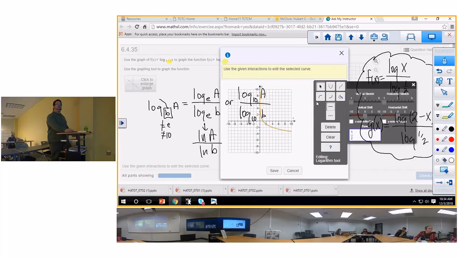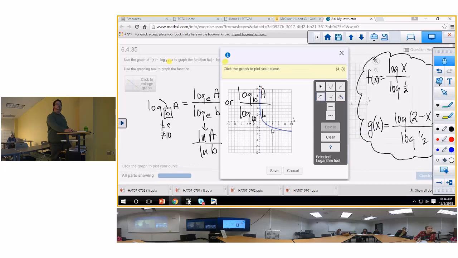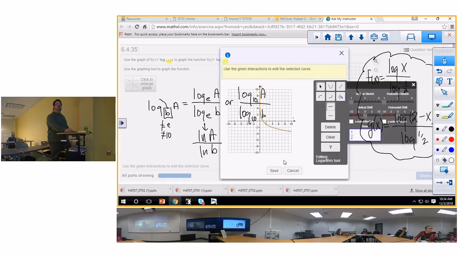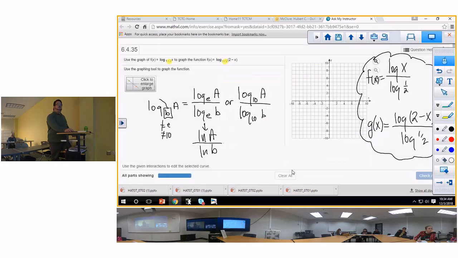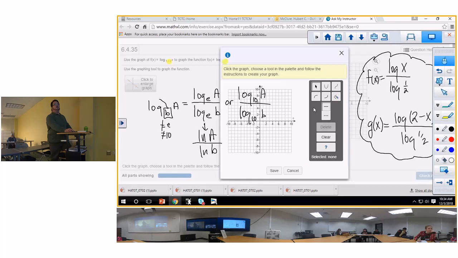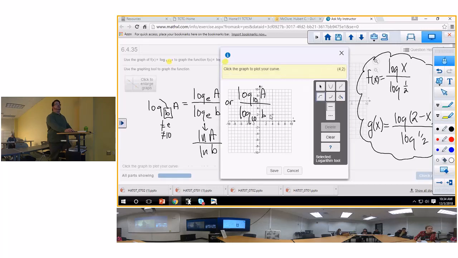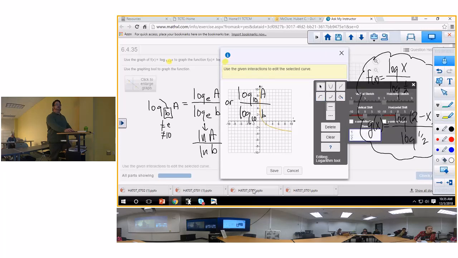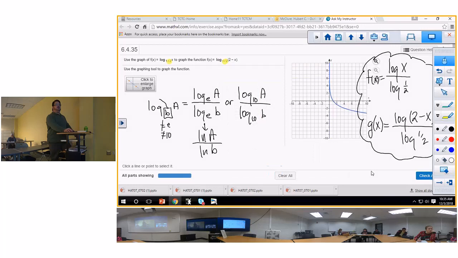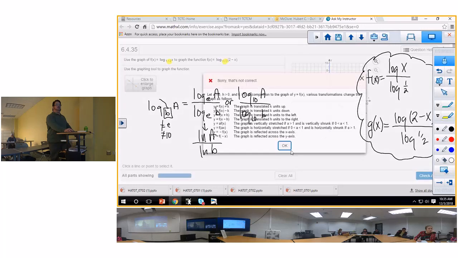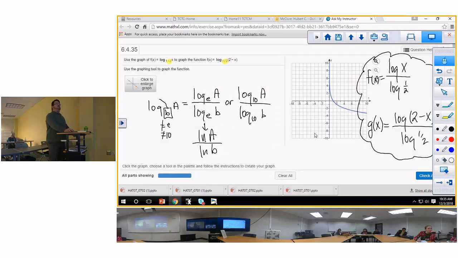Well, it's not going to let me do another one. Oh, I might have to do 2 separate graphs. So what was 0, 1? Yeah, and hit save and hit check. I think it only wants the second one. I know what it's wanting.